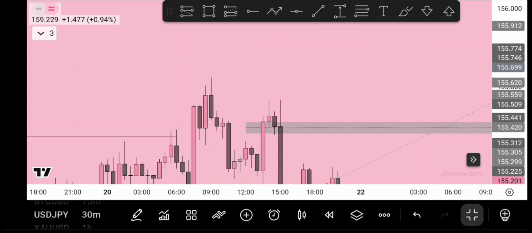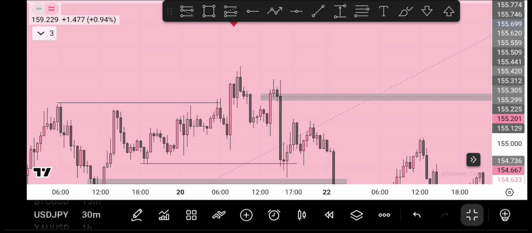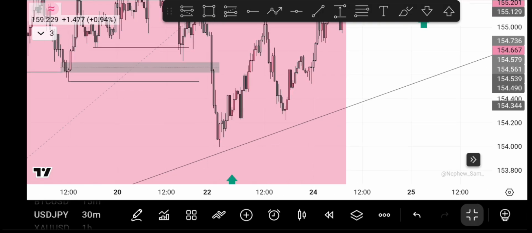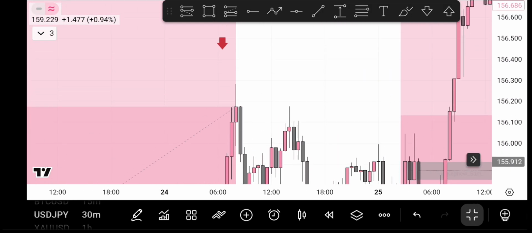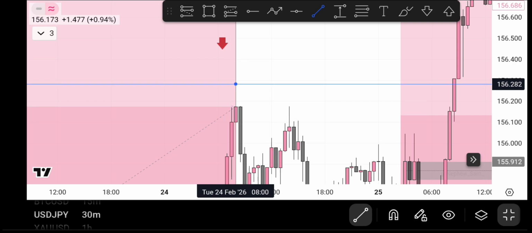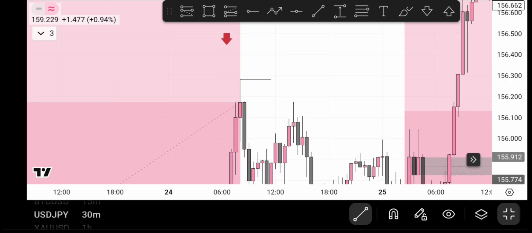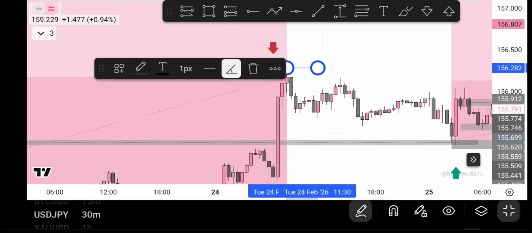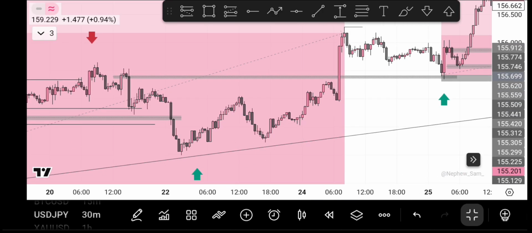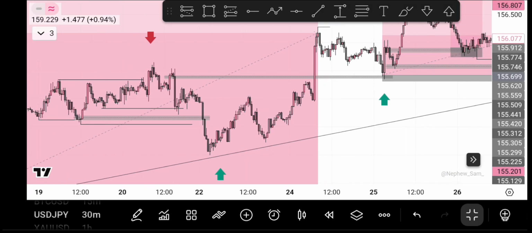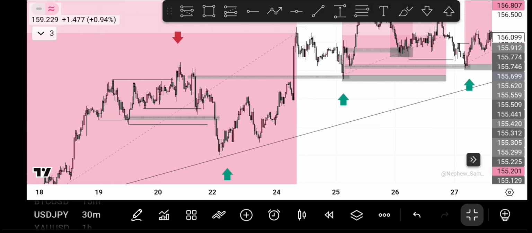Now let's check this one. What do we see here? It's a bullish candle that created this higher high over there. Which means, like I said, it can be whichever candle, bullish or bearish. You don't need to see a specific candle to know it's a higher high.